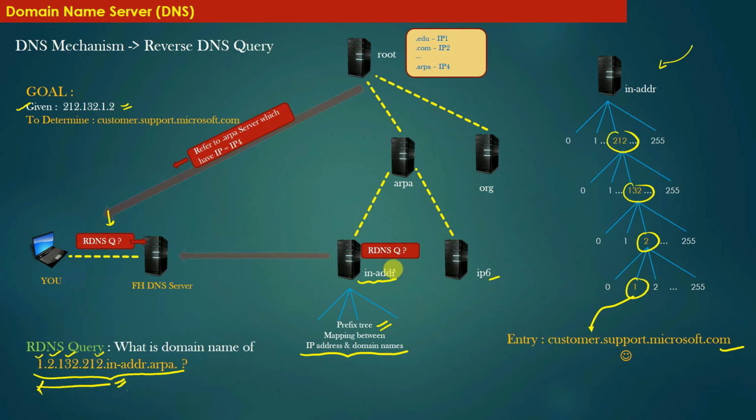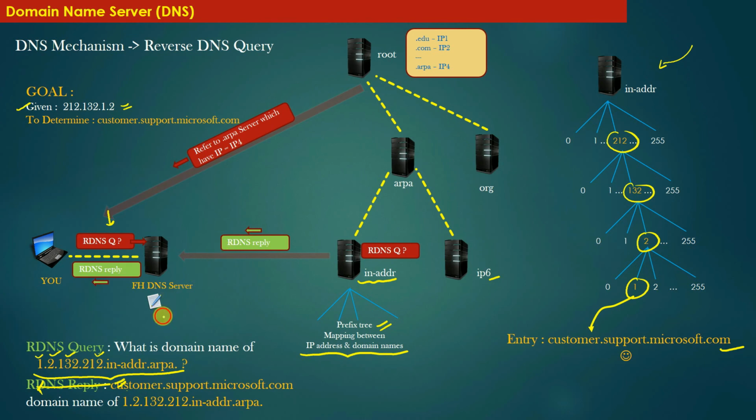As a result, the in-addr DNS server will reply back with the RDNS reply to the first hop DNS server. The first hop DNS server is going to cache this reply in its local DNS cache, and after that it forwards this RDNS reply to your local machine.